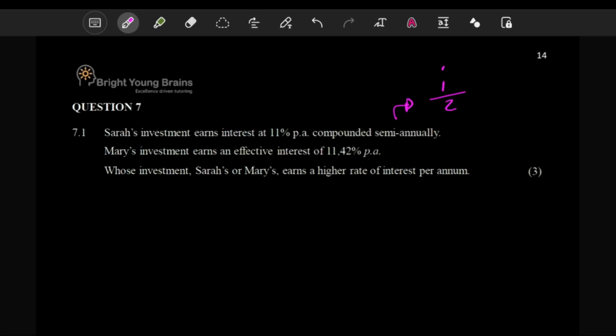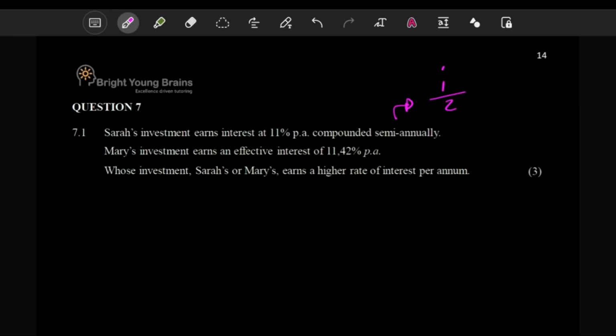Mary's investment earns an effective interest of 11.42% per annum. And then it asks whose investment, Sarah's or Mary's, earns a higher rate of interest per annum. So this is quite an interesting question.